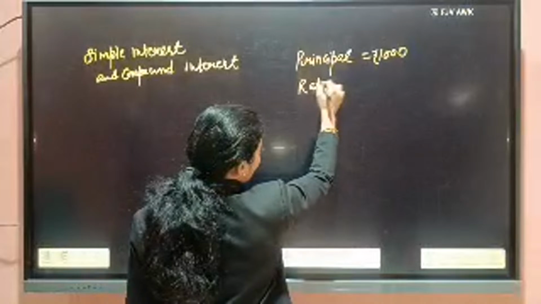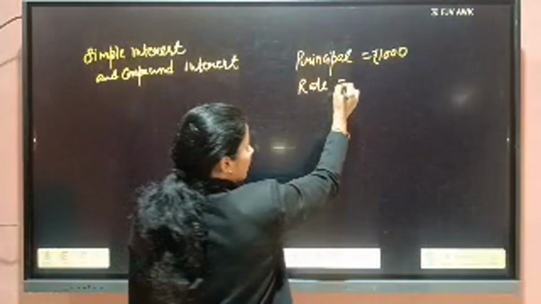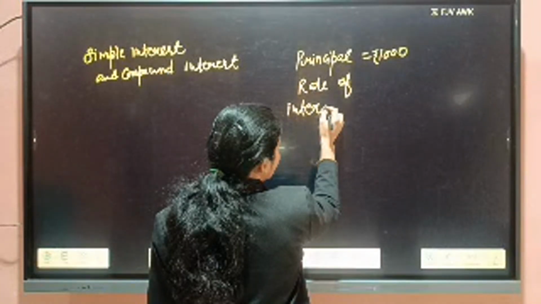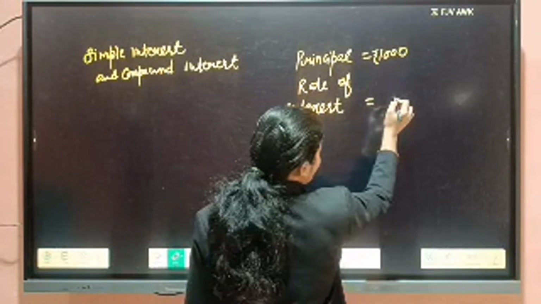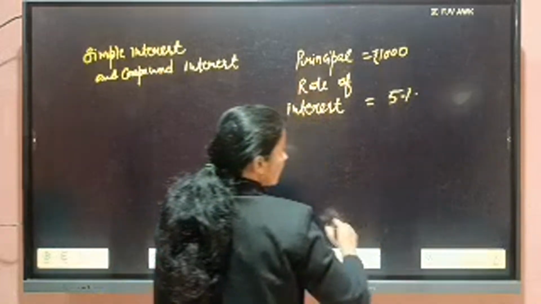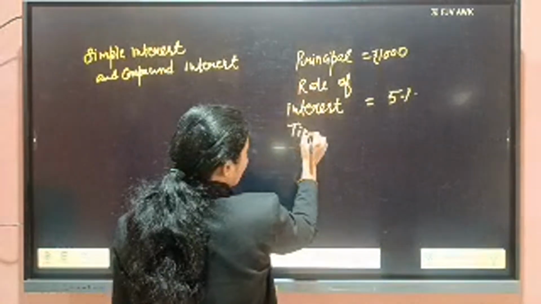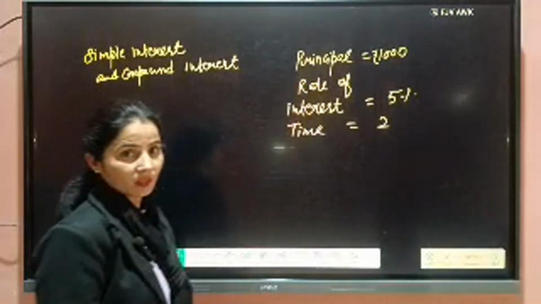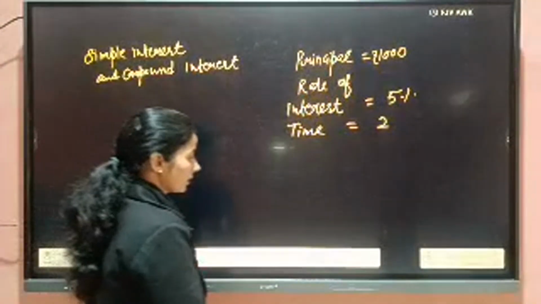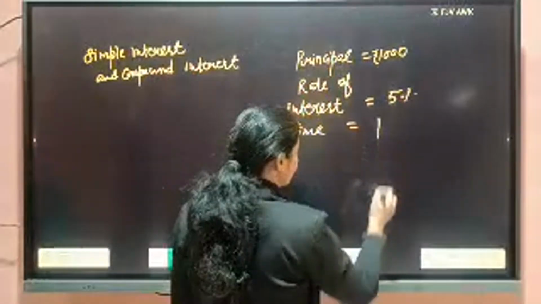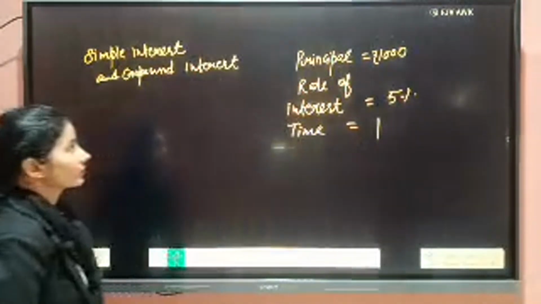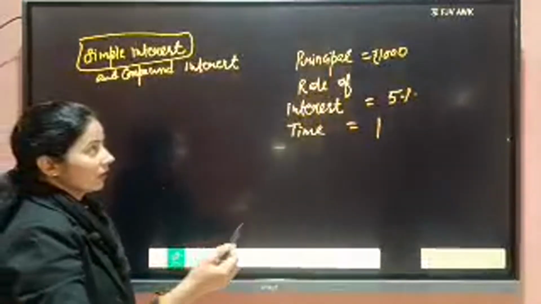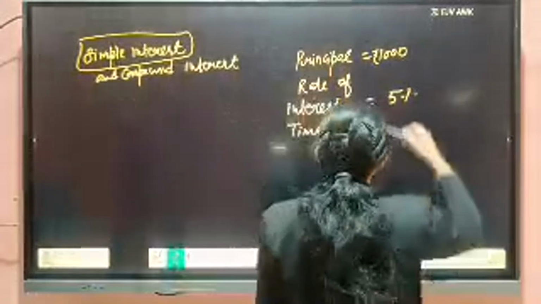One is rate of interest, suppose it is 5%, and time, suppose it is 2 years, or you can write it for 1 year. Let us see what is simple interest and what is principal.